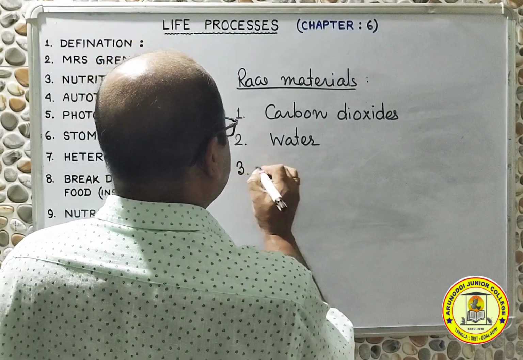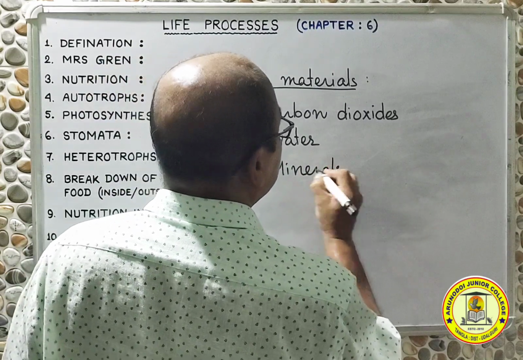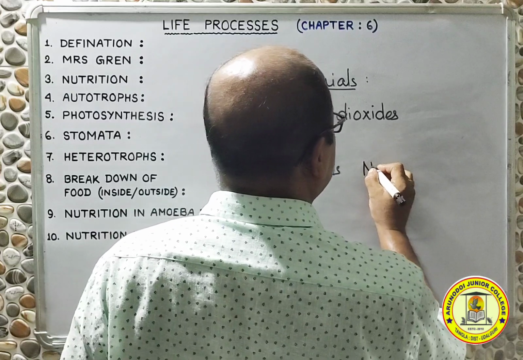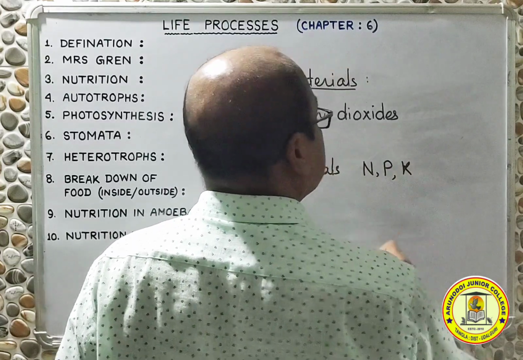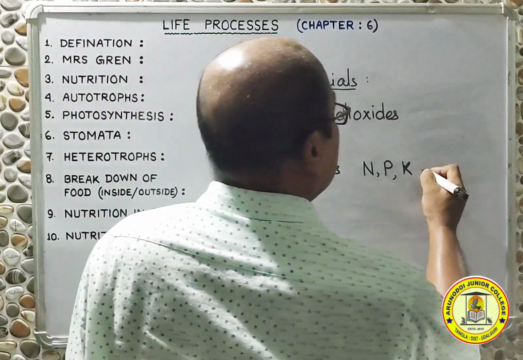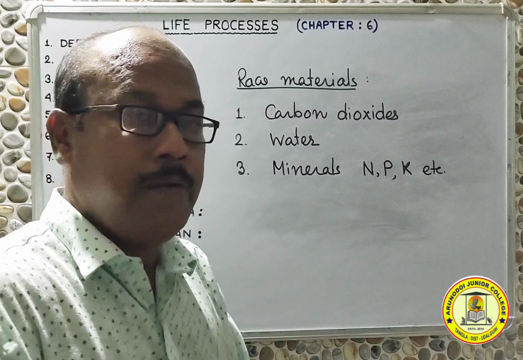The third raw material that is required is certain minerals, like nitrogen, potassium, phosphorus, NPK, etc. These are essential minerals present in the soil.